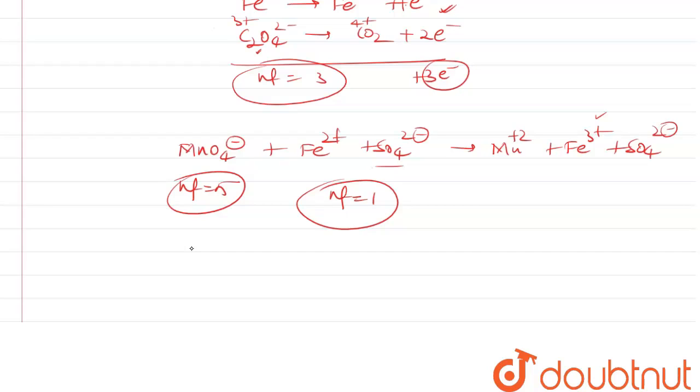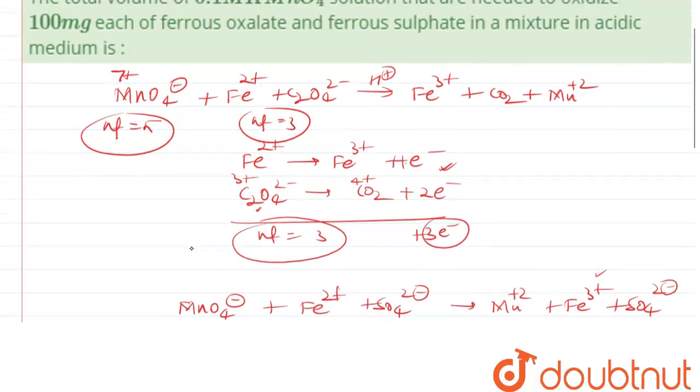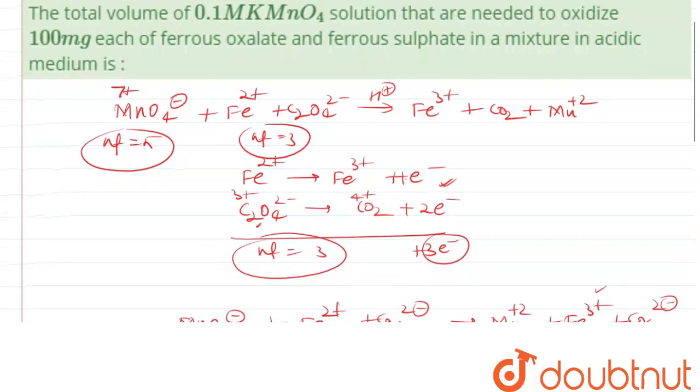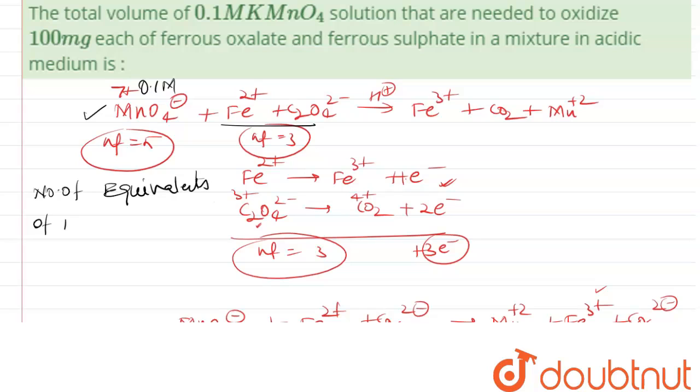Now, as we all know, whenever a reaction happens, the number of equivalents of KMnO4 and the iron sulfate and ferrous oxalate will be equal. So the number of equivalents of MnO4 minus would be equal to the number of equivalents of ferrous oxalate, FeC2O4. The number of equivalents is normality into volume.